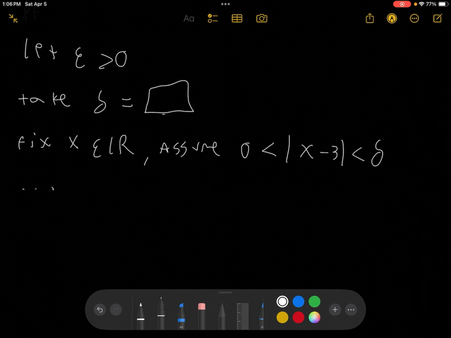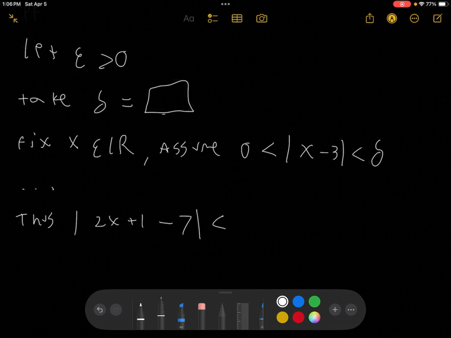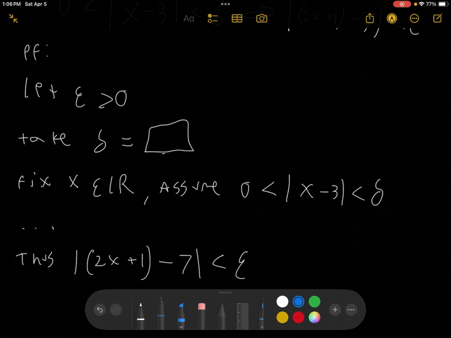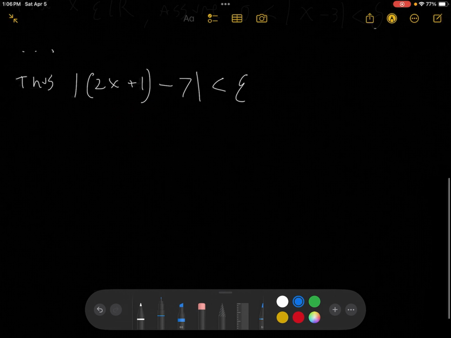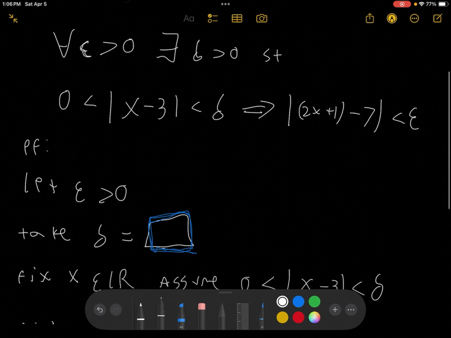Then we're going to do some algebra, and we're going to conclude that the distance between 2x plus 1 and 7 is less than epsilon. The main difficulty we're going to run into with this proof is figuring out what value of delta we should take. So let's do some rough work to try and figure that out.